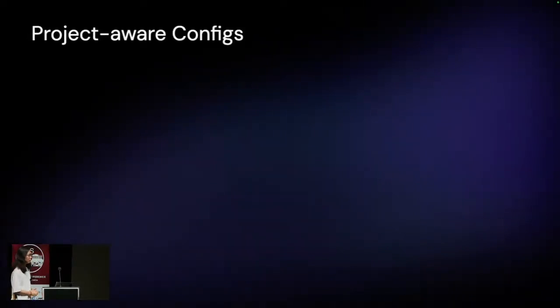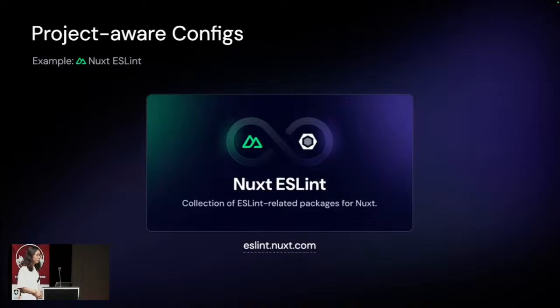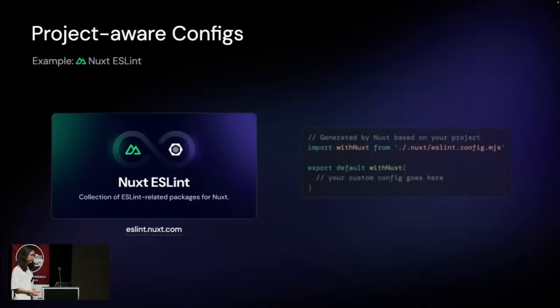And so flat config also made it possible for meta frameworks to provide project-aware config. For example, in Nuxt, we have file-based routing, auto-import components, a server API directory, etc. So files under different directories may have different names, different purposes or different constraints. So here in Nuxt, we are trying an experiment. We have a Nuxt ESLint module that generates a sub ESLint config based on the user's project setup.